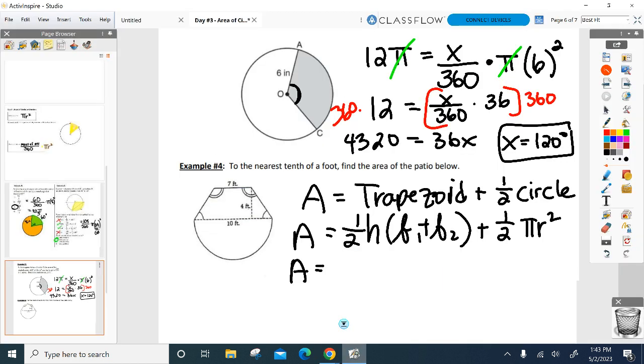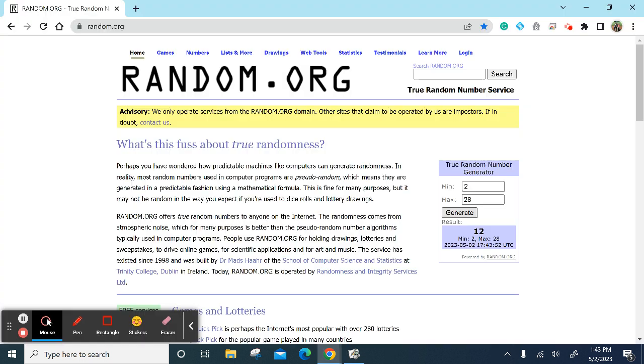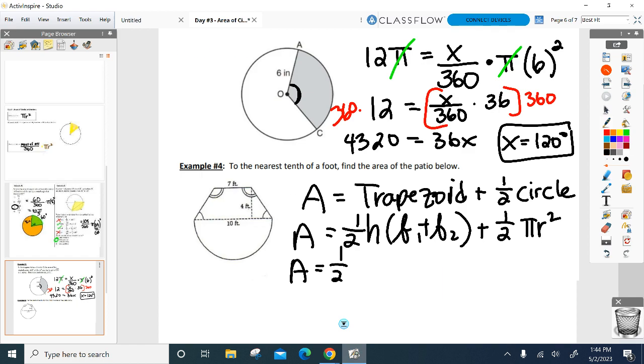One half. What's the height? 12 wasn't part of it. It was 22 and 10, right? All right, so now I got a third one I got to remember. That's not going to happen. 6. Height? 4. One of the bases? Other base.